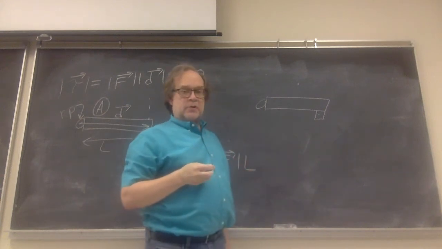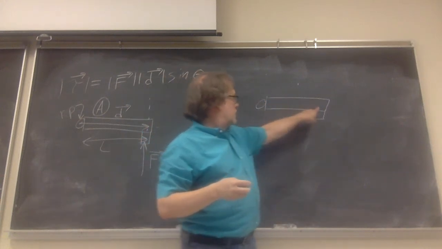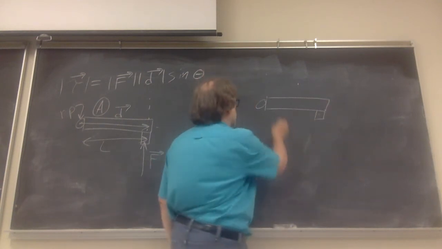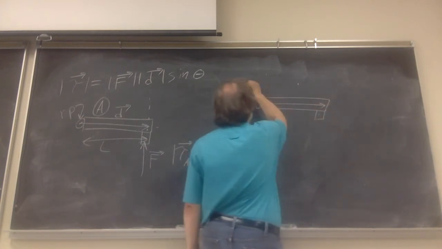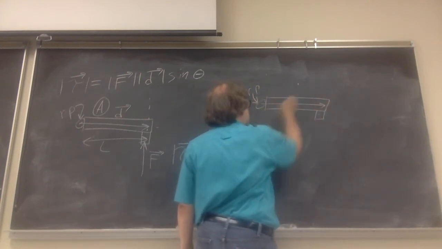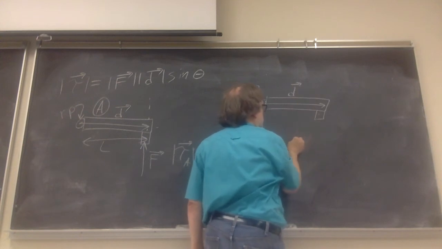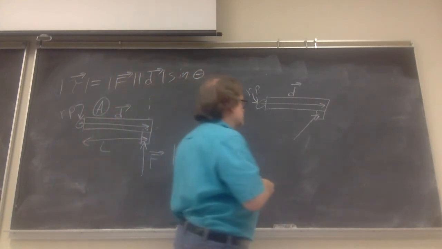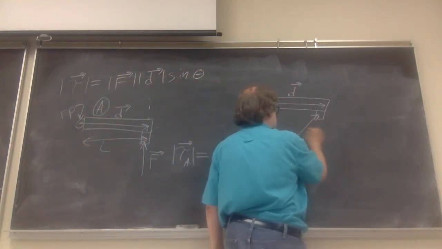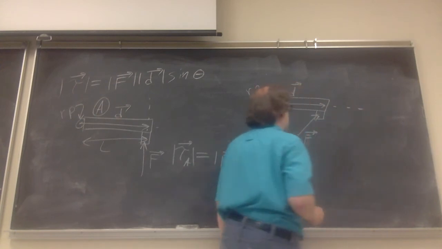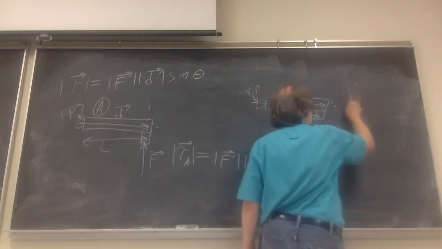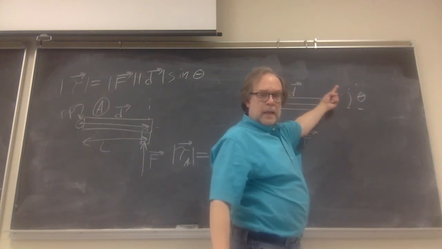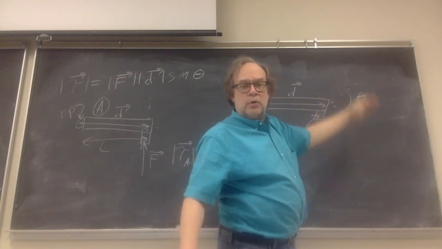So the displacement vector that takes me from the reference point to the point where the force is applied is the same displacement. Same reference point, same displacement vector, but now the force, we'll say the force is just as strong, but now it's pointing in a different direction. Not perpendicular. So now there's the angle between the displacement direction and the force direction, not 90 degrees anymore.